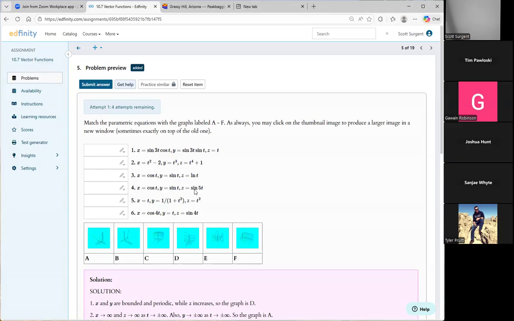Meanwhile, Z is sine of 5t, that's going to create a sine wave that's compacted. The period is very small. So it's going to be like a slinky in the XY plane, but in the Z direction, it opens up, but with very tight swirls.